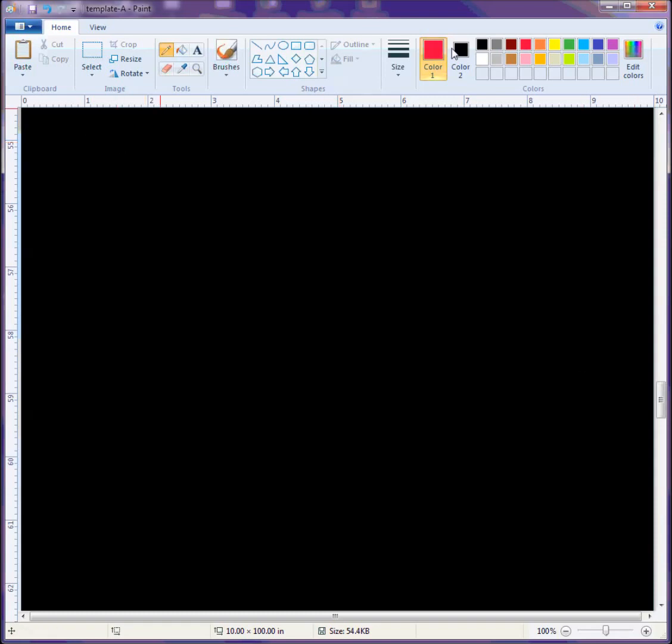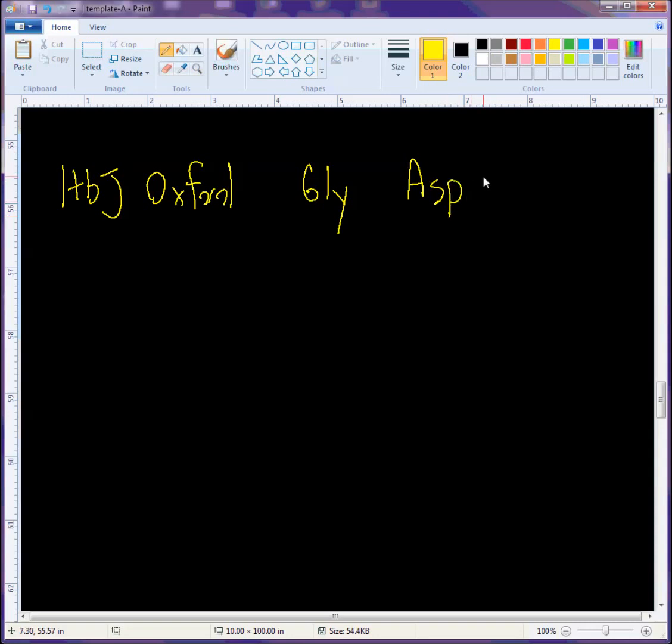So the hemoglobin from the person HBJ, we're calling this for some reason, from Oxford, has a glycine normally, and in this person the alpha subunit encodes an aspartic acid at position 15.